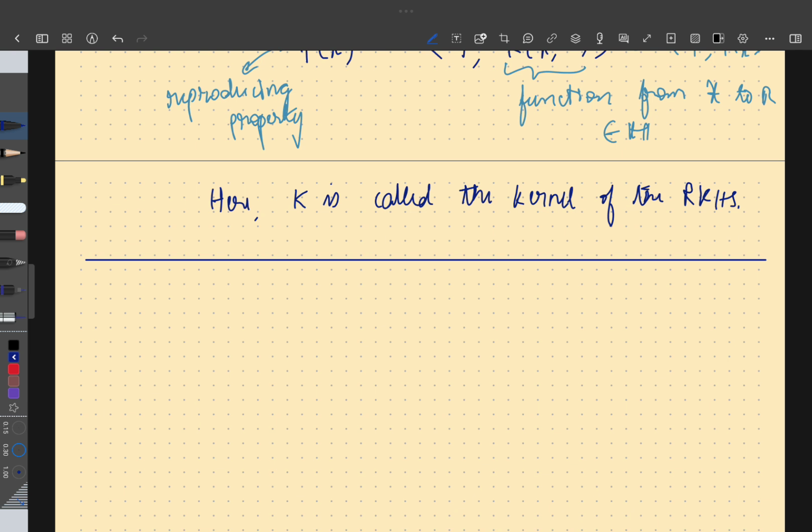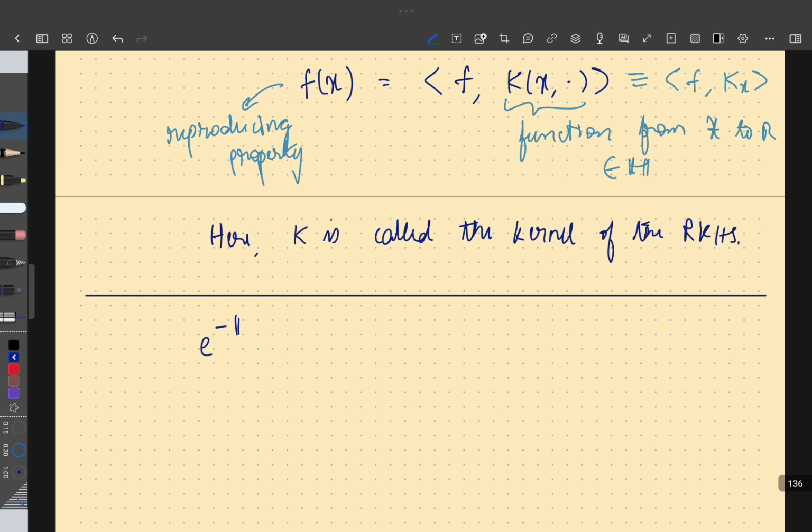Let's take the kernel function, k of x, x prime.